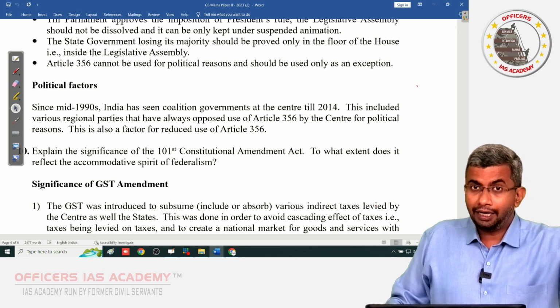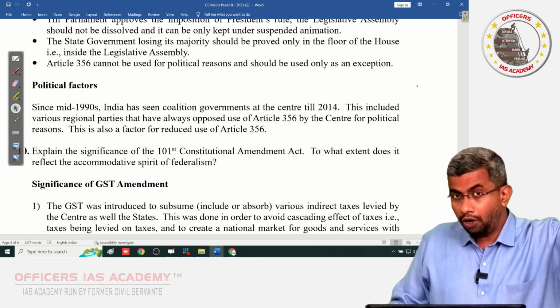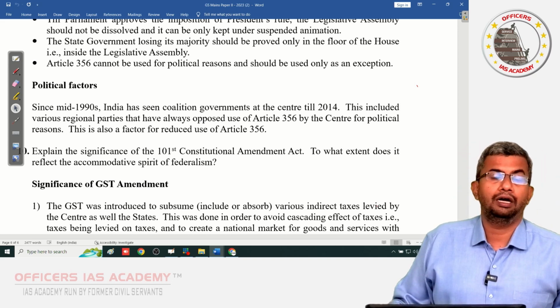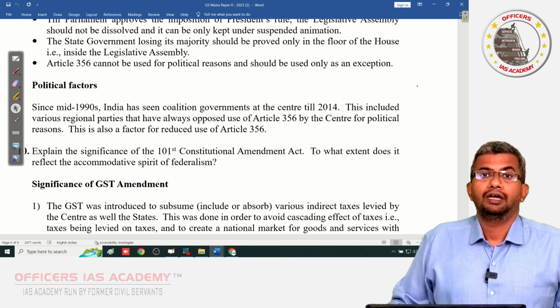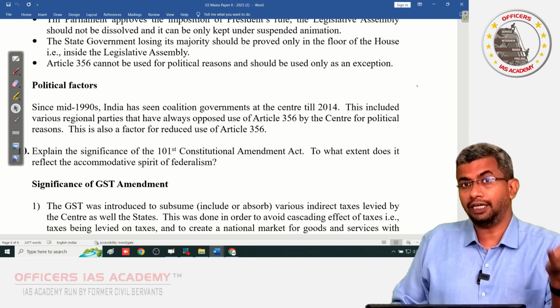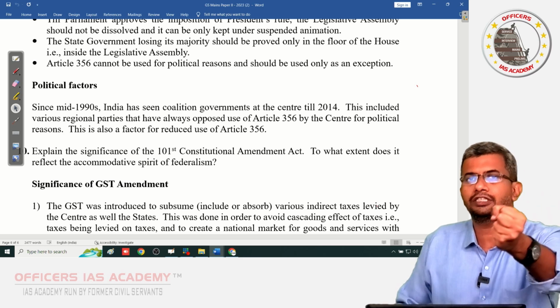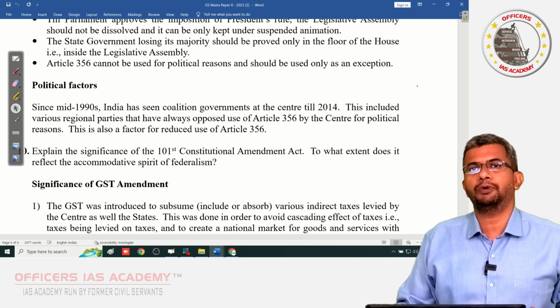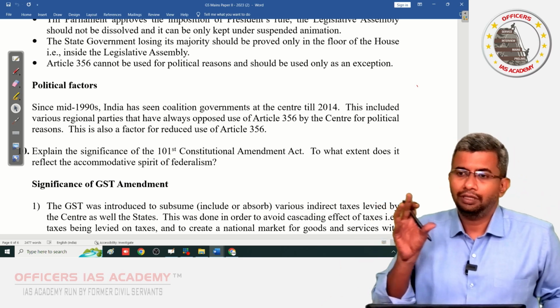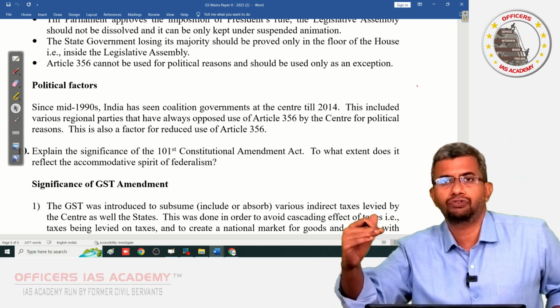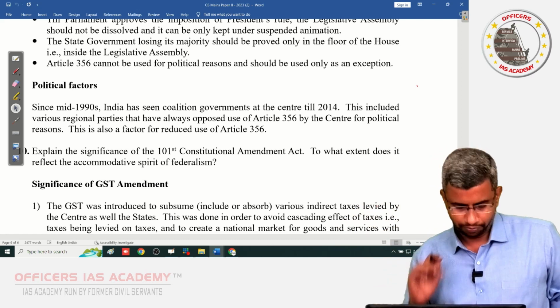Between 1990 and 2014, it was always a coalition government with the regional parties also being part of the alliances. And so, most of the regional parties are against the use of Article 356 by the Centre, violating the federal principle of our country. And so, that is the political reason why the misuse of Article 356 has come down.